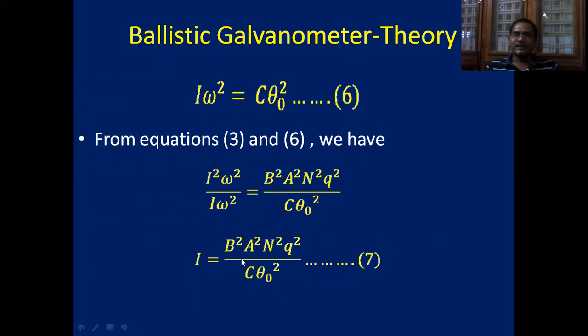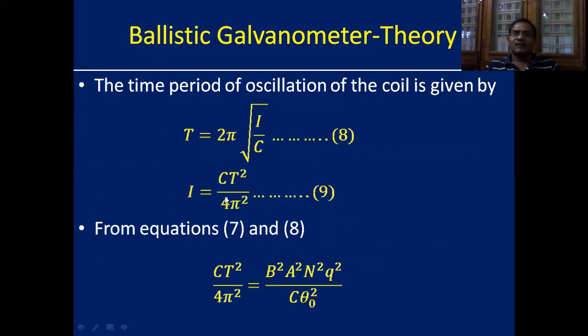So therefore I is equal to B square A square N square Q square by C theta naught square, say equation 7. But the time period of oscillation of the coil is given by T equal to 2 pi root of I by C, right? Squaring both sides, T square equal 4 pi square I by C. From that you write I as the subject, I equal C T square by 4 pi square. Equation 8 and 9.